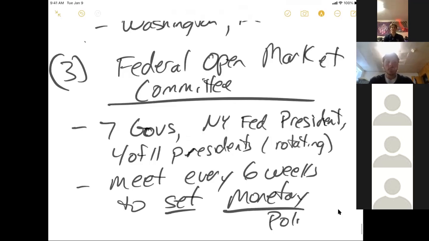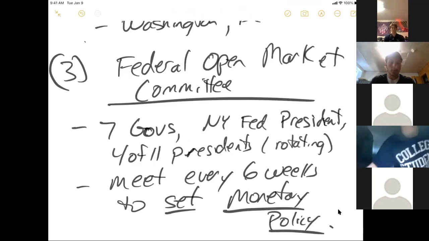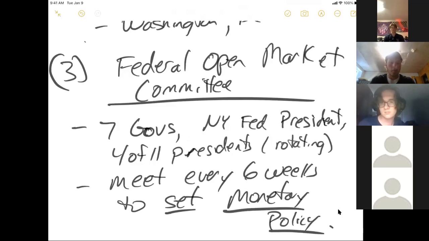And it's this group that actually sets monetary policy. Okay? This is the group within the Federal Reserve that actually sets monetary policy. This is the decision-making group.